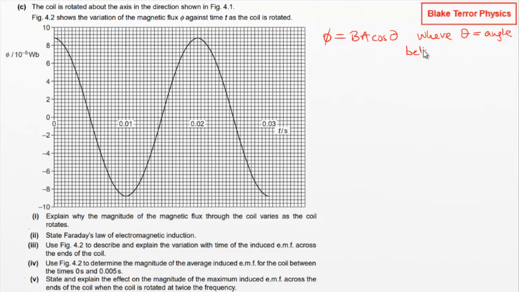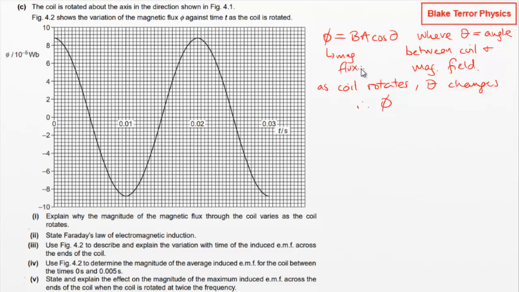So as the coil rotates, theta changes, therefore magnetic flux will change. Therefore phi, make sure you called that magnetic flux somewhere, changes.